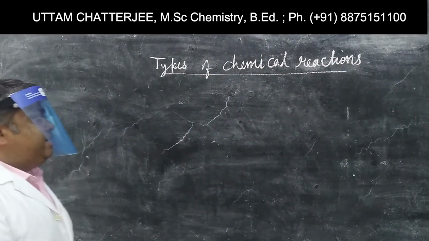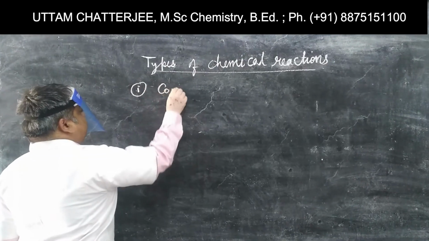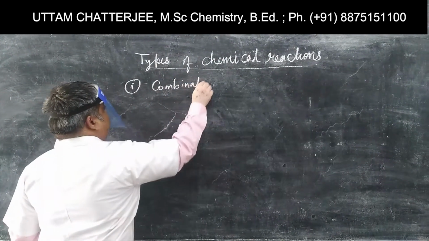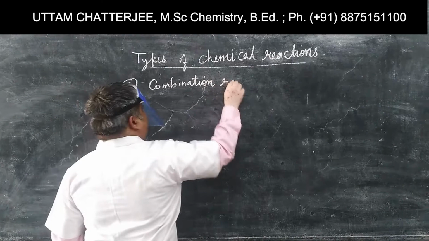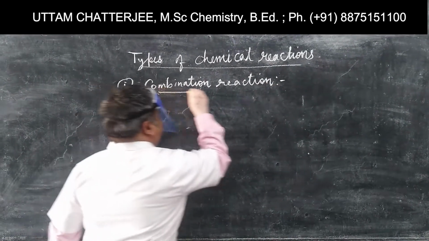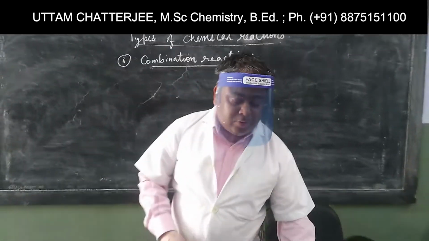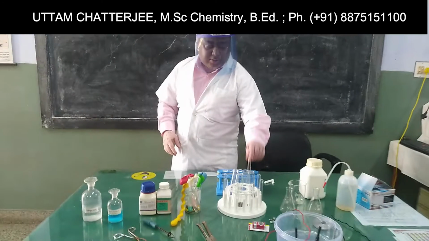The first and the easiest chemical reaction is the combination reaction. Now don't worry, I will not ask you to write down anything in your notebook because this is something very practical to be learned.